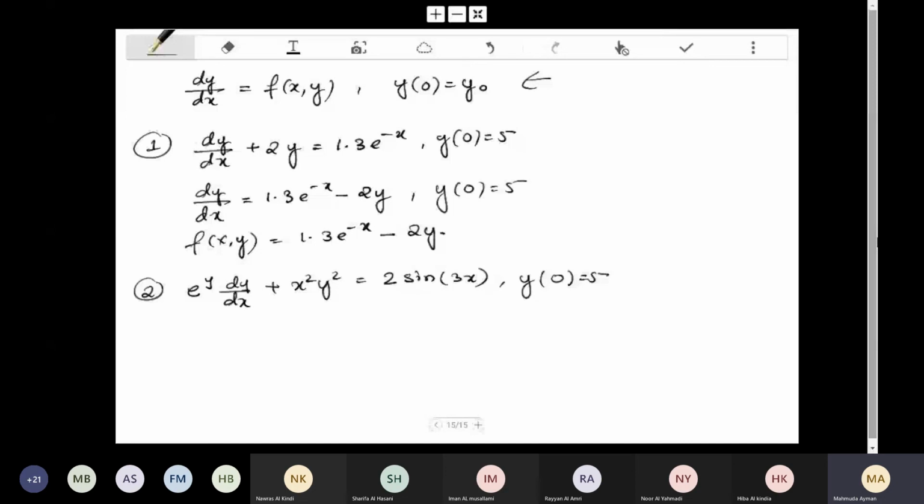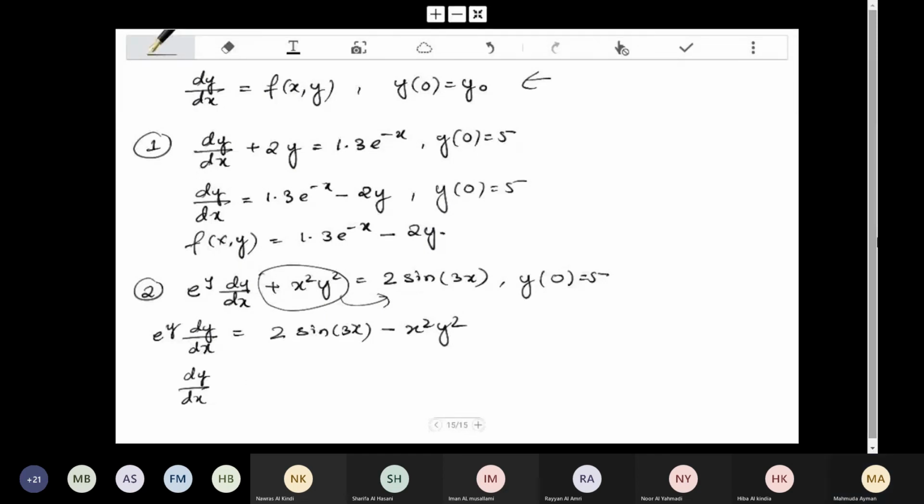That's the correct answer, Ryan. So we have dy by dx is equal to, we'll take this term here on the other side, so it will be minus, so we have 2 sine 3x minus x square y square, and this term e to the power y is multiplying, so in the next step it goes and divides on the other side.